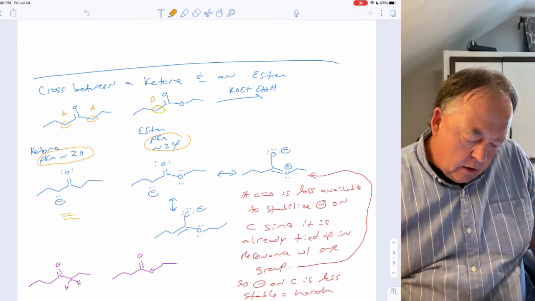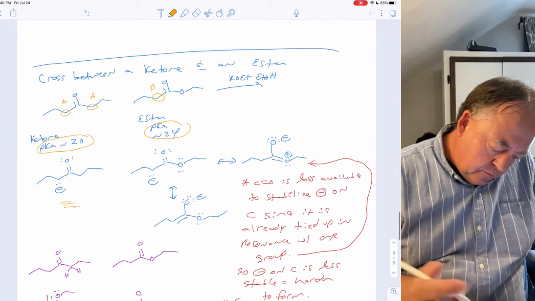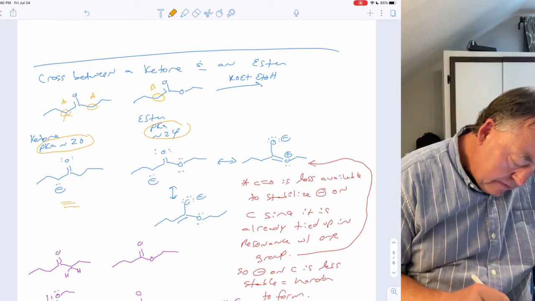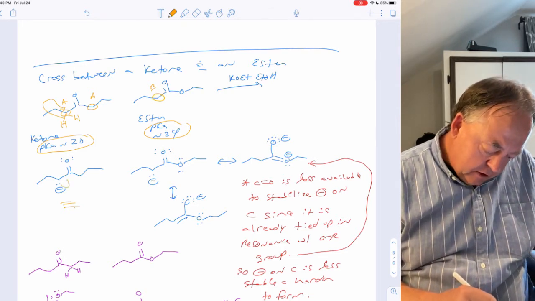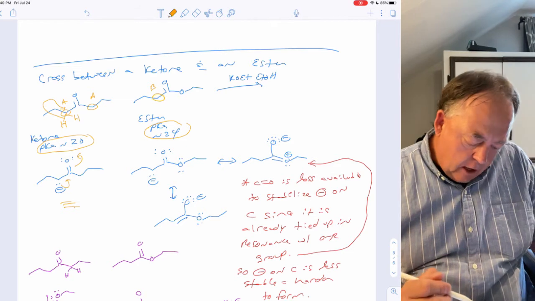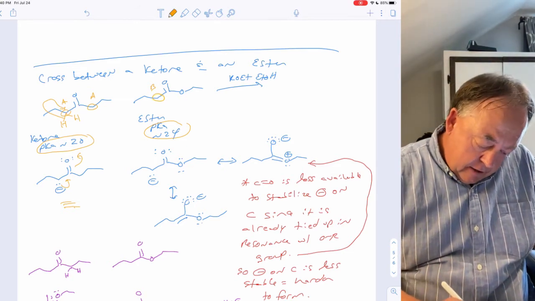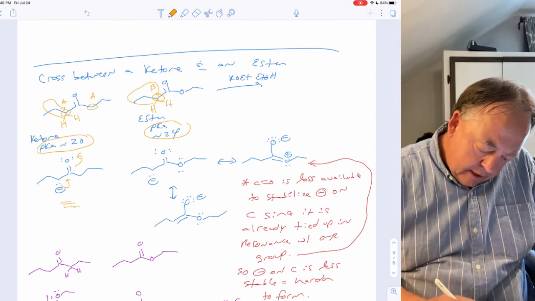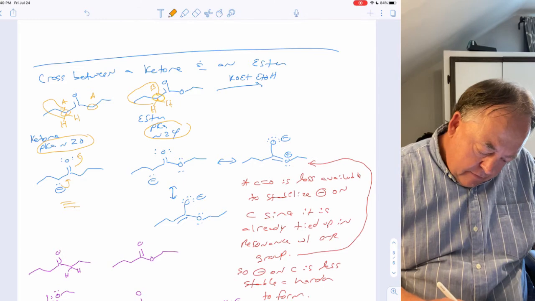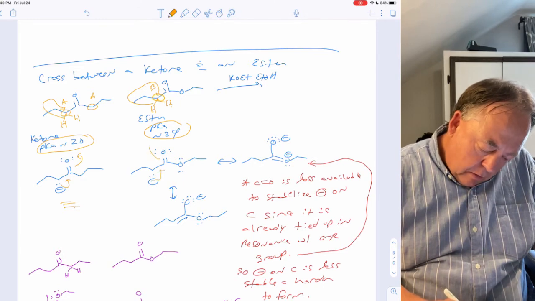So why are ketones more acidic than esters? So if we take a hydrogen off of here and make this conjugate base, the enolate, well, this is resonance stabilized through that oxygen, right? And same for the ester. If you lose one of these hydrogens, those electrons go here to make an enolate, and that's resonance stabilized through the C double bond O. Right?